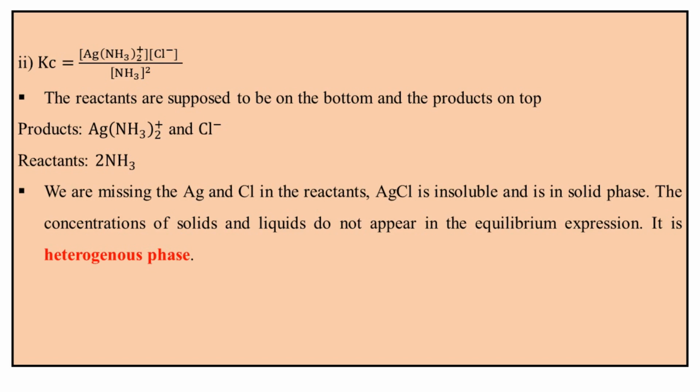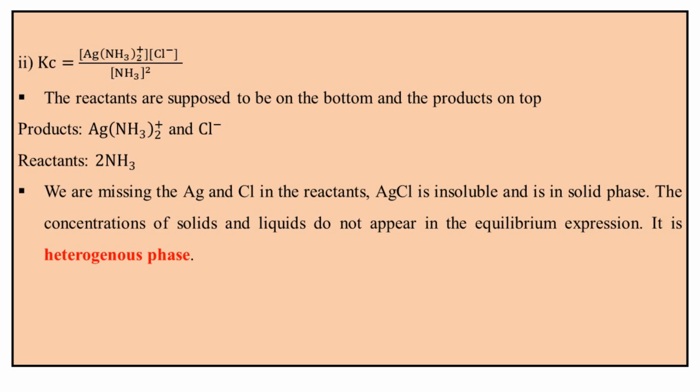So now we are missing silver and chloride in the reactant. In the product, you have silver, you can see it. We have also chloride in the product, right? But if you check in the reactant, you have only the ammonia. So that means we are missing silver and chloride in the reactant. Why are we missing them? That means they are pure solid or pure liquid.